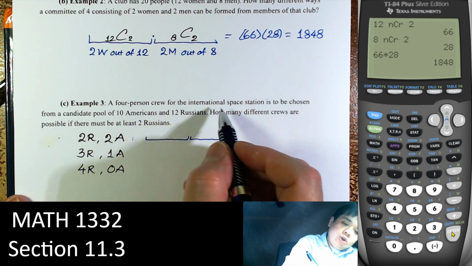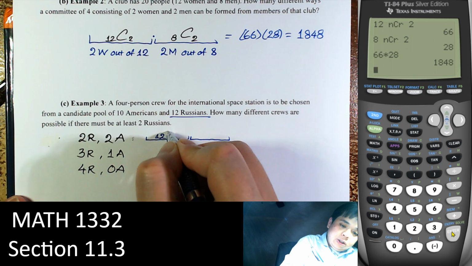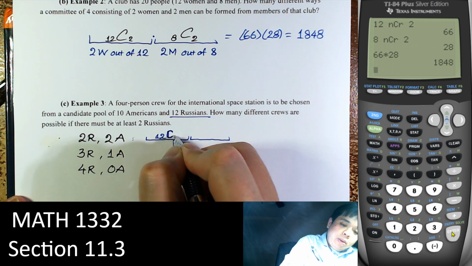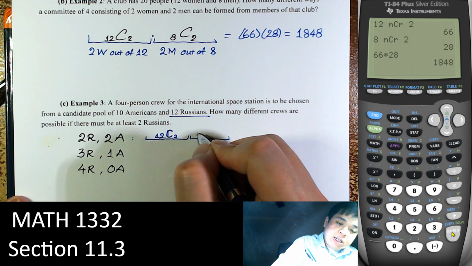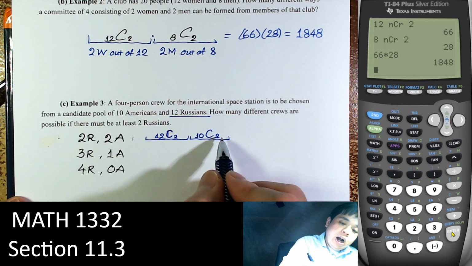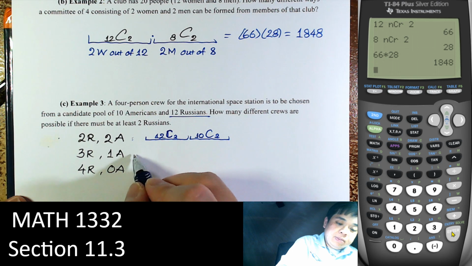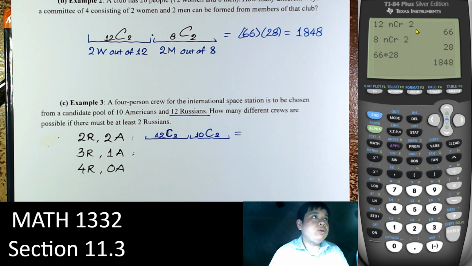Now if you put 2 Russian out of 12 Russian, that combination of 2 out of 12, and then you pick 2 American out of 10. Right, so just do that. We already have 12C2.